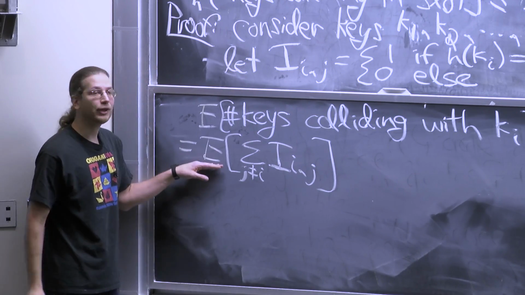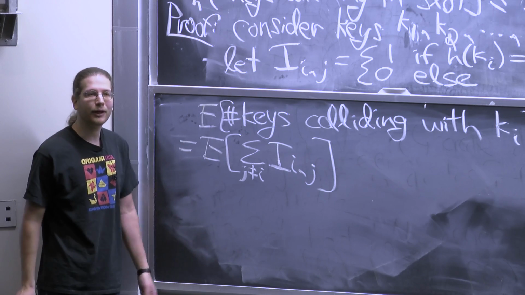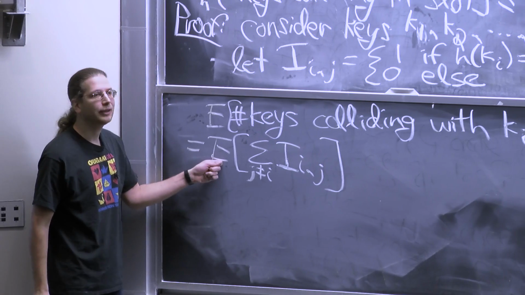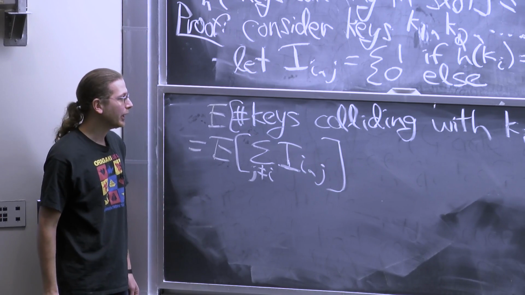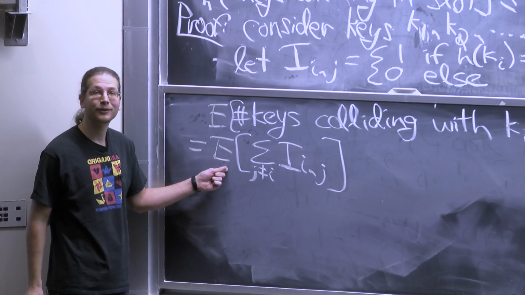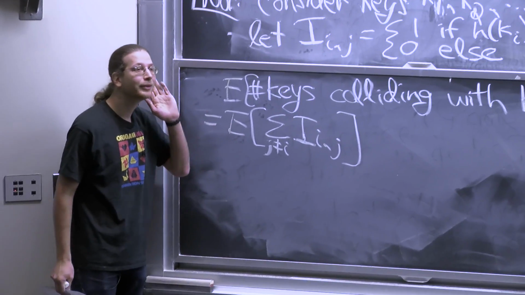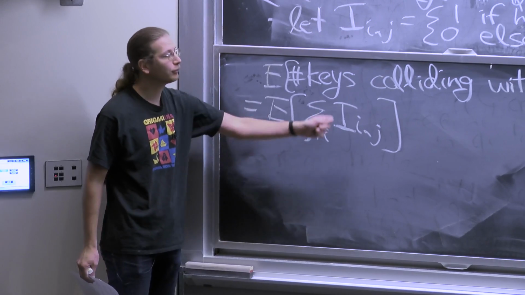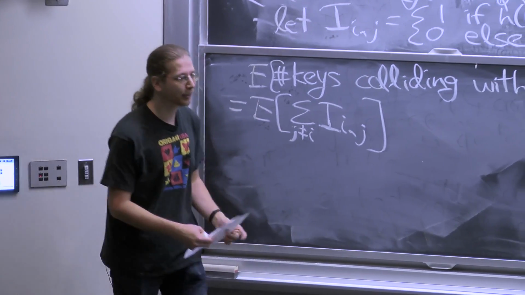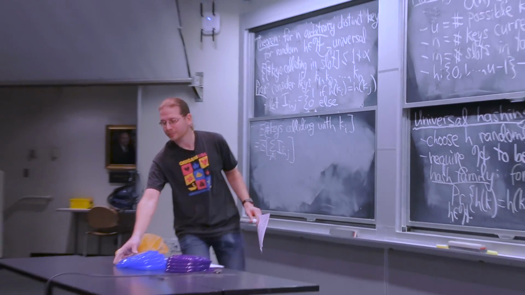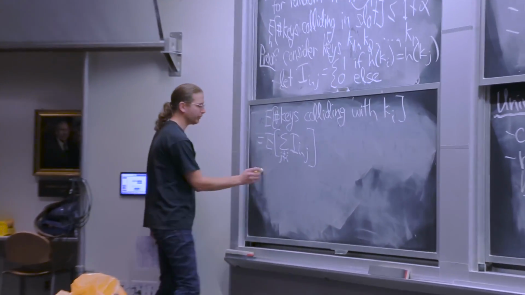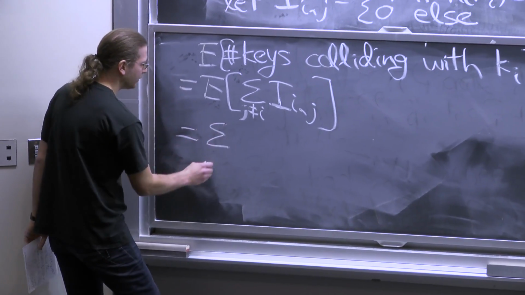Once we have it in this notation, we can use all the great lemmas and theorems about, in this case, expectation. What should I use here? How can I simplify this formula? Linearity of expectation, thank you. If you don't know all these things, read the probability appendix in the textbook.